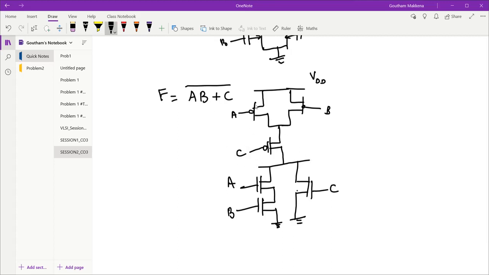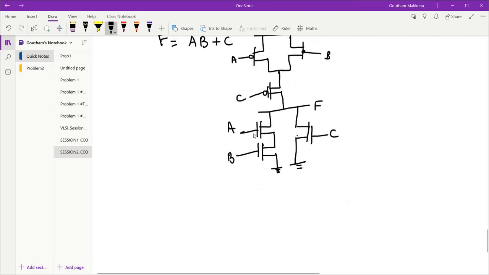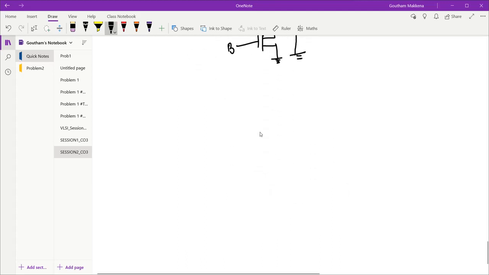So this finishes my pull up network, and this also has a whole complement, so I don't need to put any inverter here. Already this comes out as an inverted output. Right. Now let us take one more example. I'll give the third example.